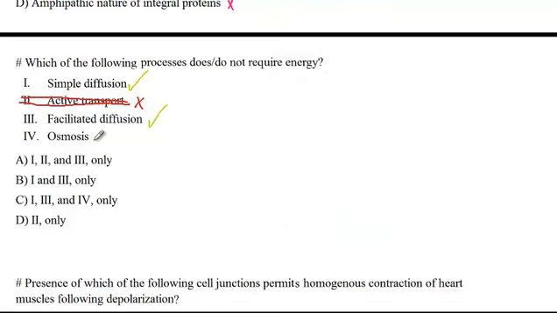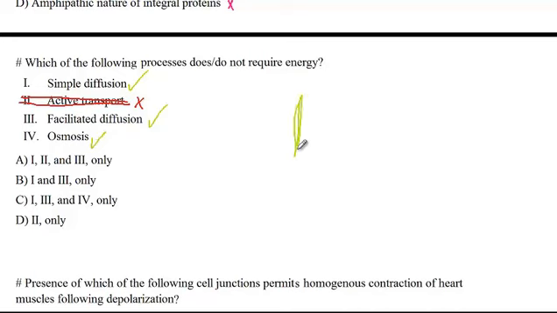And then finally we have osmosis, which is very similar to simple diffusion, except that instead of having different molecules that are moving from area of high concentration to area of low concentration, with osmosis we are talking about water molecules that are moving through a plasma membrane. And this process is also passive and does not require energy, because water will move from area of low solute concentration to area of high solute concentration.